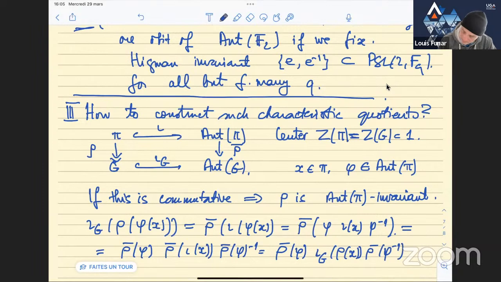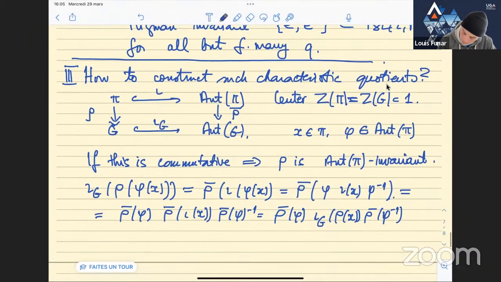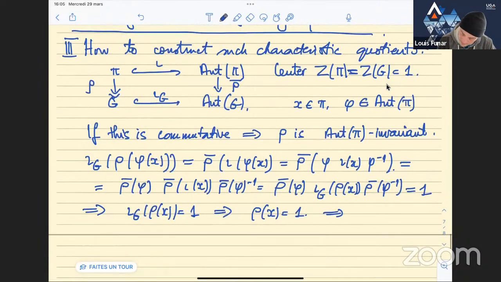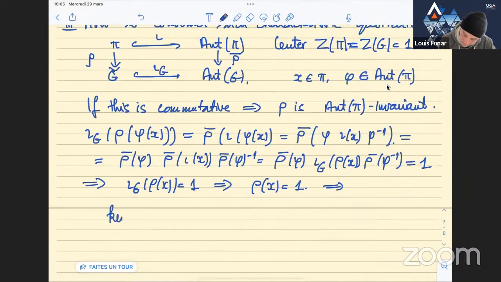And if this is 1, this implies that I_G of rho of x is 1, and because it has no center, rho of x is 1. So that is simply saying that the kernel is characteristic.